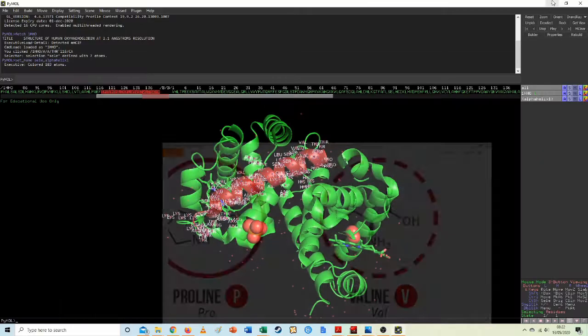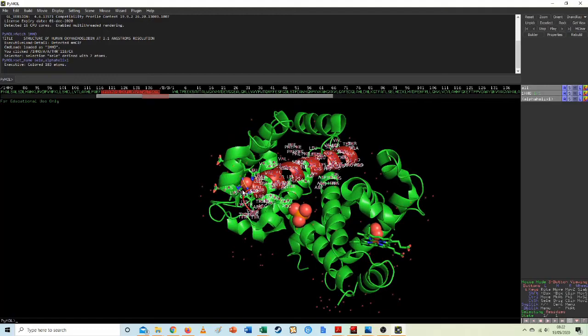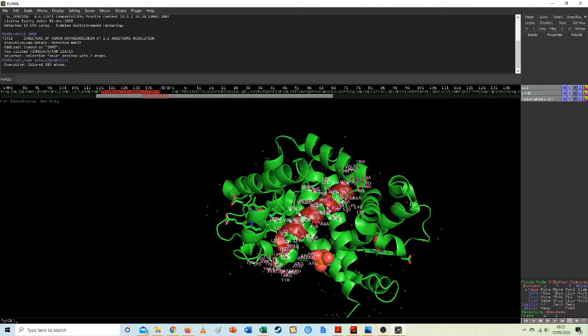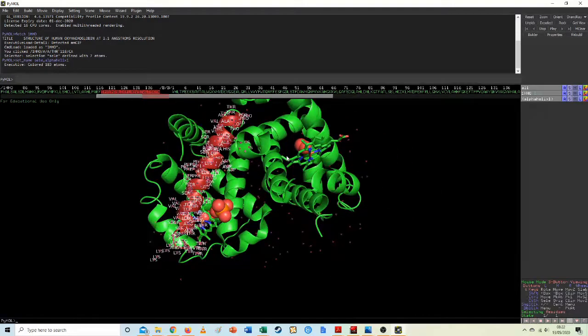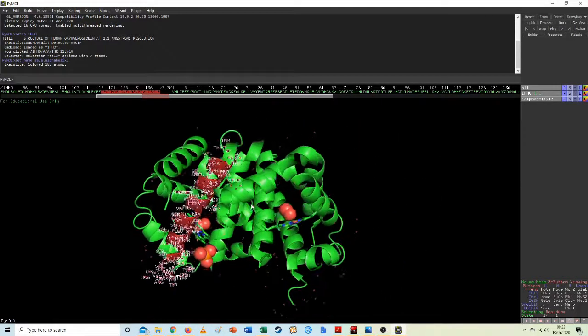So if we take a look at all those valines that we can see popping up there, and if I rotate it round, you can really see them there. I hope you guys can see them anyway. So they're all performing that function, and you'll probably find that the positions of those valines are really crucial in building up the alpha helix that we have there.